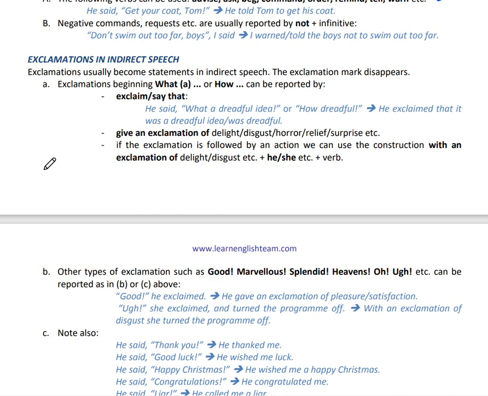Okay? Wonderful. Give an exclamation of delight, disgust, horror, relief, surprise, etc. And if the exclamation is followed by an action, we can use the construction with an exclamation of delight, disgust, etc., plus he, she, plus verb.